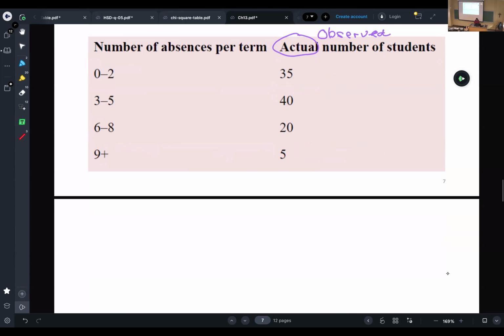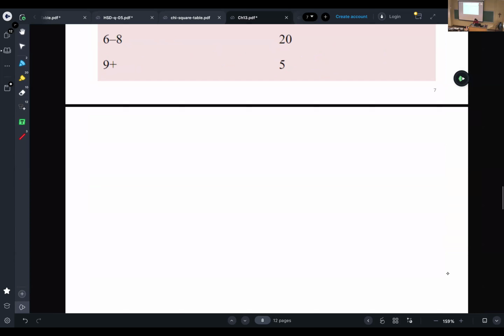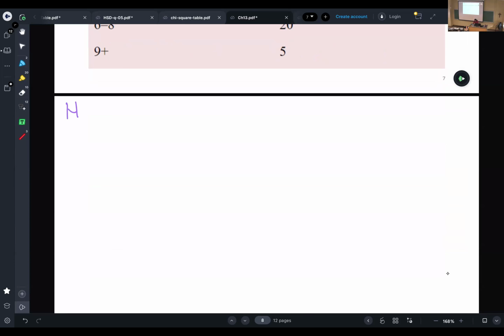So we just add those up. The null hypothesis is basically the collection of those proportions that they expected. What was this, 12%? So we have 4 groups, right?